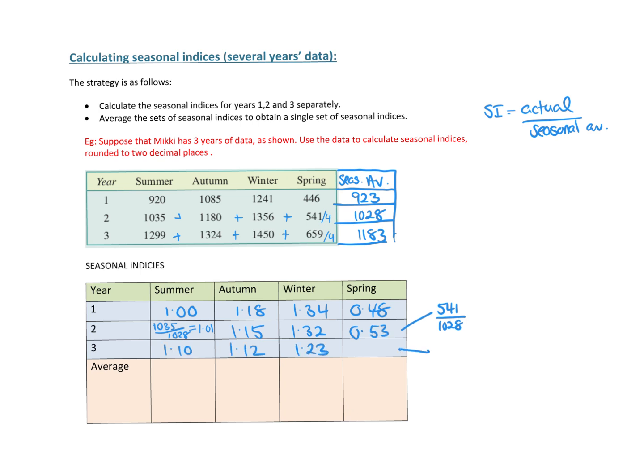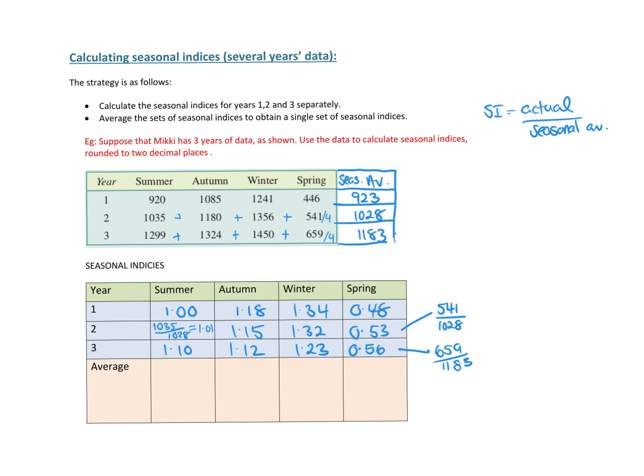So I'm just going to do this last one in the spring. So in the last year or the 3rd year, it was 659 divided by its yearly average, which was 1183, and I get 0.56. Okay, so because it did say to 2 decimal places, so we've done that.